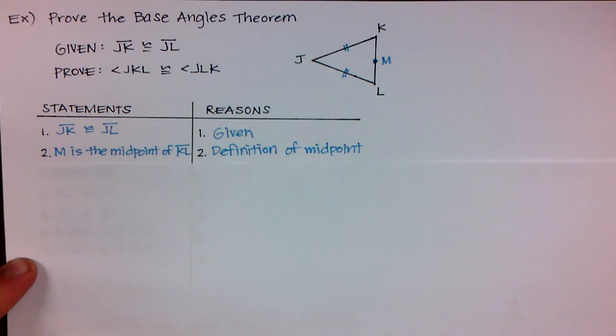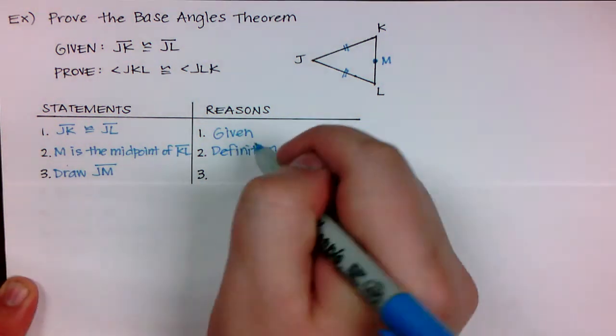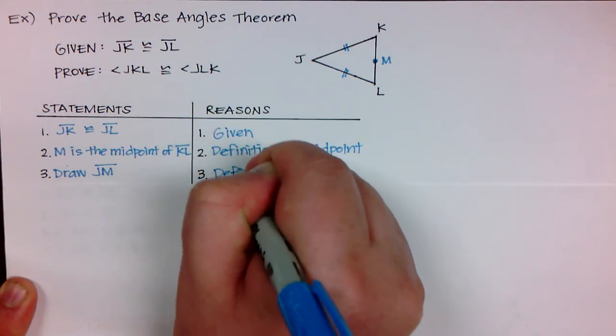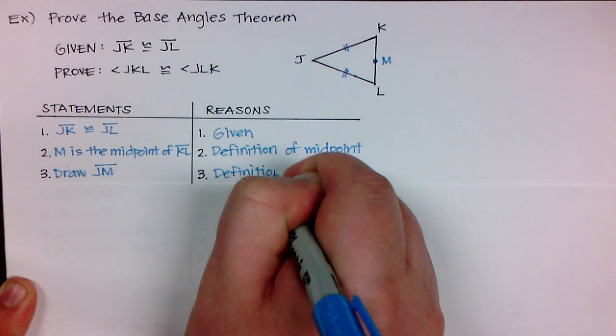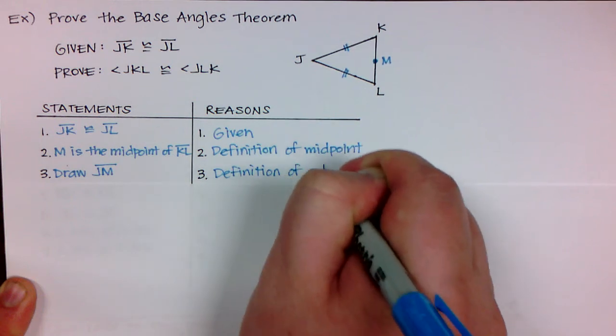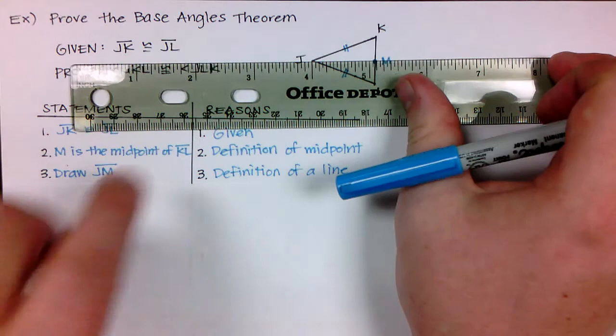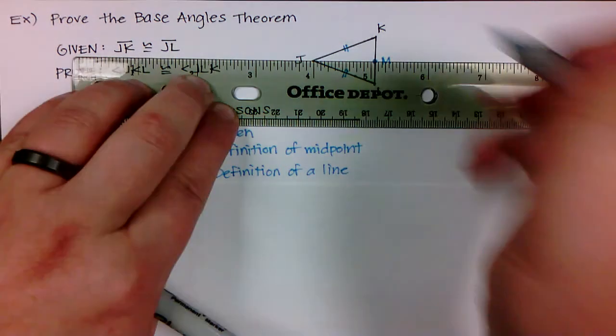And then I'm going to connect J and M. And I can just do this because that's the definition of a line connecting two points. So now I'm going to take my ruler to show you this side, JM.